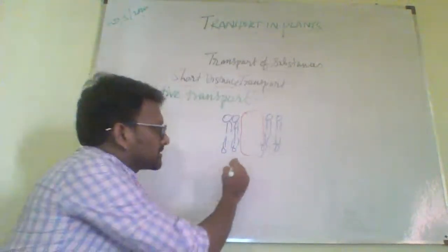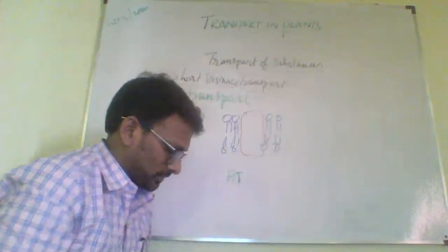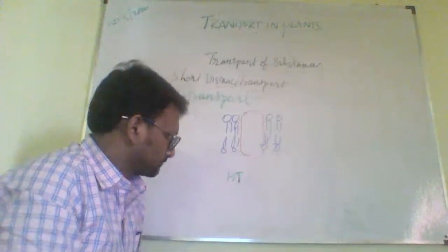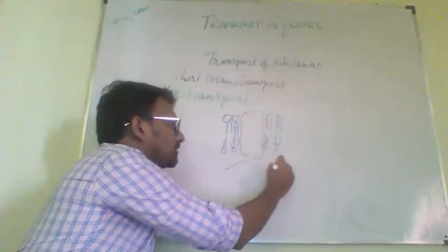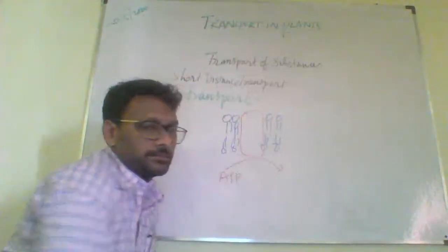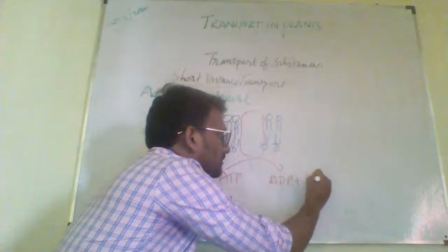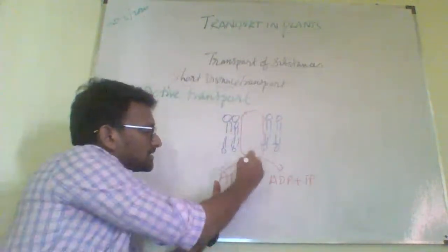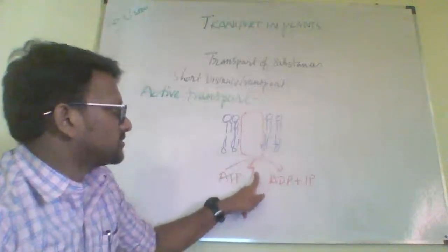Here what happens is that ATP, so there is a requirement of energy. This ATP eventually converts into ADP plus inorganic phosphate. It means there is a consumption of energy. So the energy is consumed here.